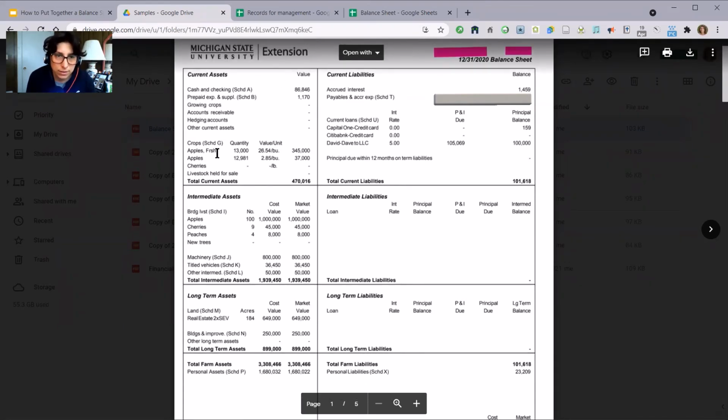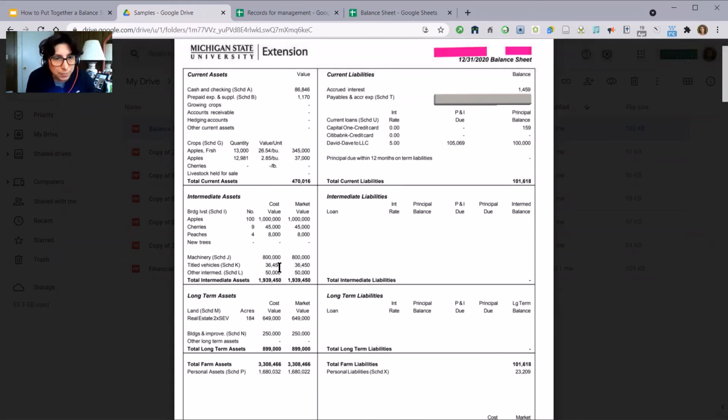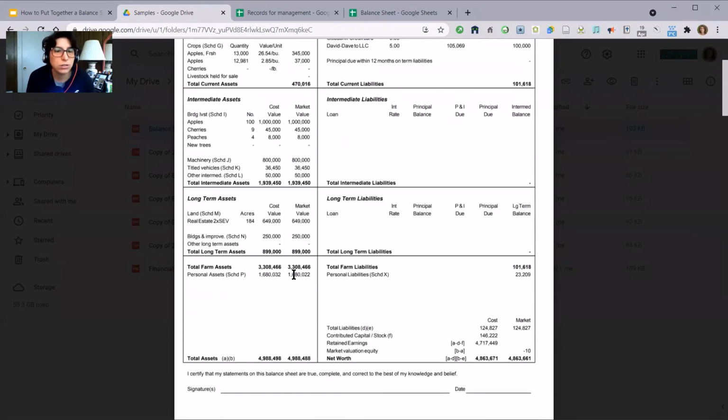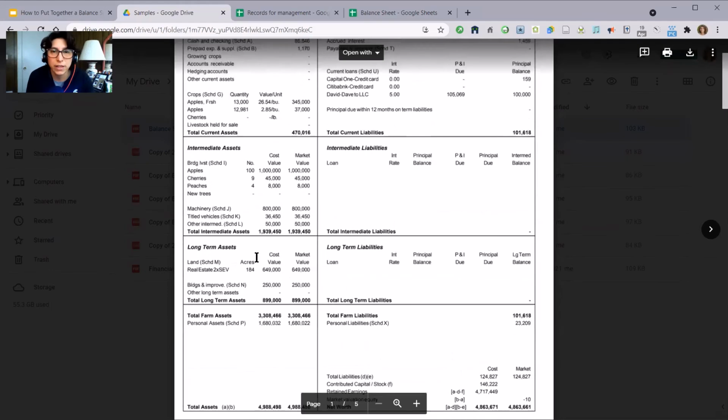Current assets, all of these things I discussed earlier: intermediate assets, long-term assets, total assets, personal assets, everything we discussed before on the asset side to the left.